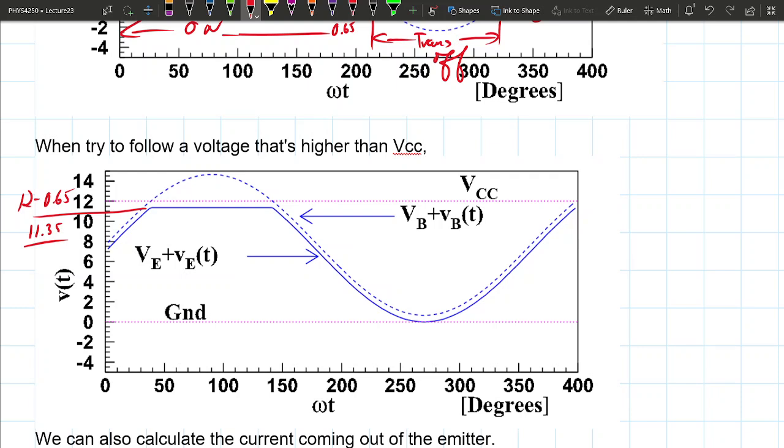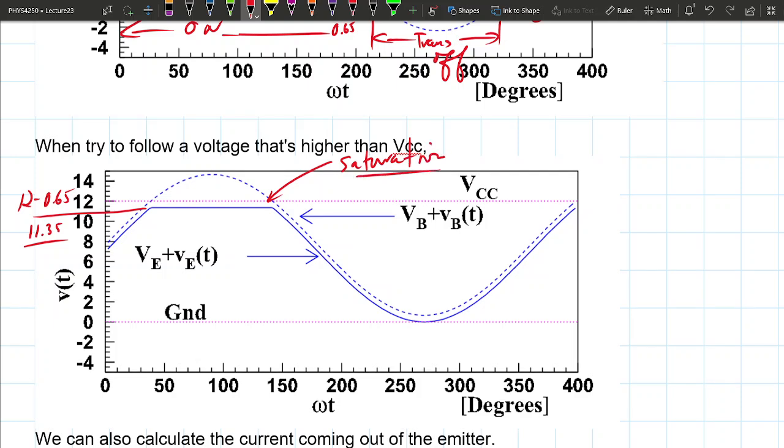So when you have a voltage power supply, this VCC number, if it's at 12, your output can never exceed 11.35. Basically, the top of your wave just gets chopped off. Another name for this is saturation.